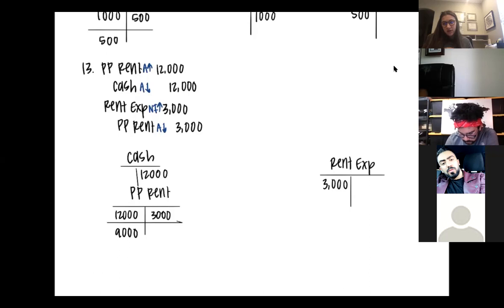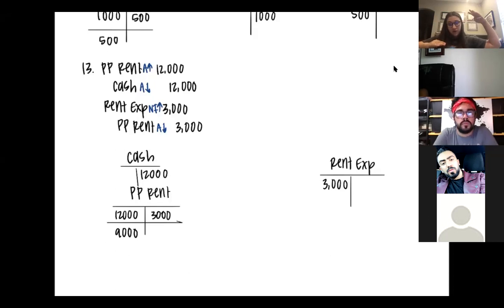There are 2 accounts that you have to be looking at. Cash and prepaid rent are both assets. Let's look at cash first. My cash should have been credited by 12,000, which would have lowered it by 12. And then my prepaid rent was increased by 12 but then lowered by 3.